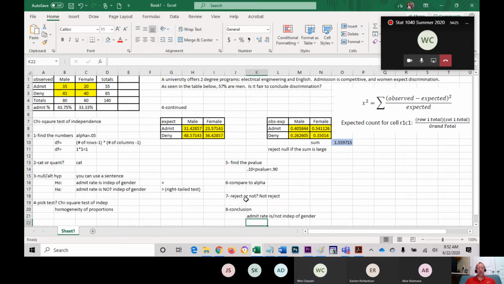Okay, so you're saying there is discrimination. If we did not reject the null, then the admittance rate is independent of gender. Oh man, now I've talked myself into confusion again. Yeah, you're confusing me too.